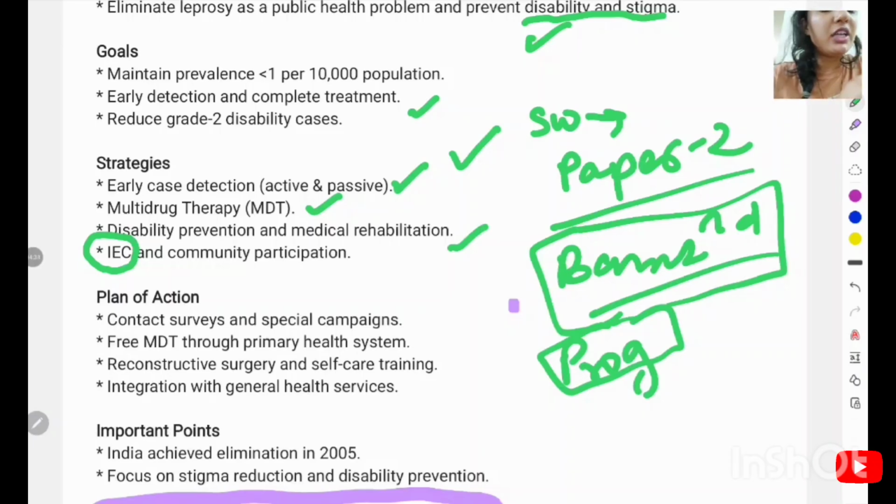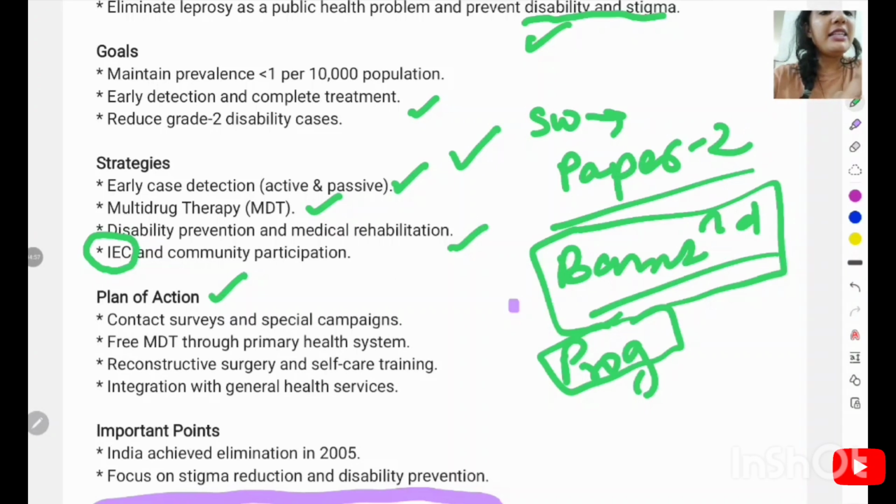This is one of the tricks, because in every program we have to give information to the population, we have to educate them, we have to communicate with them. So IEC is one of the common points you can write in every program. Then what is the plan of action of our program? So the plan of action is contact surveys and special campaigns.